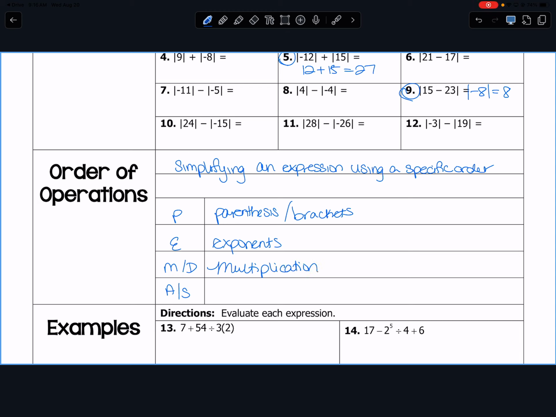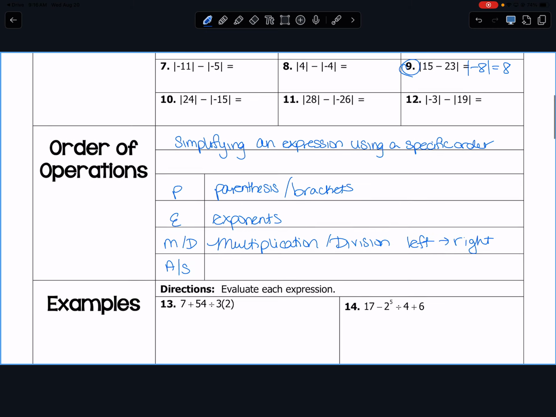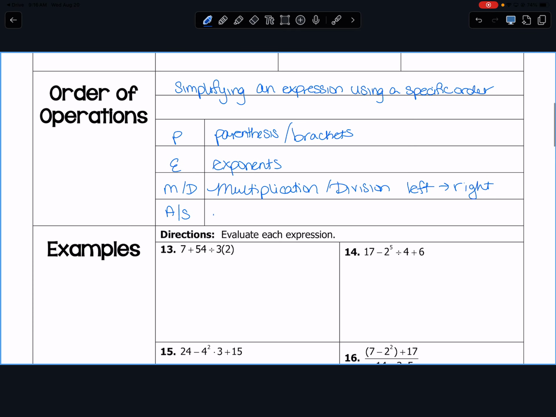So multiplication and division from left to right, just like how you read sentences. And then addition, subtraction. Left to right.